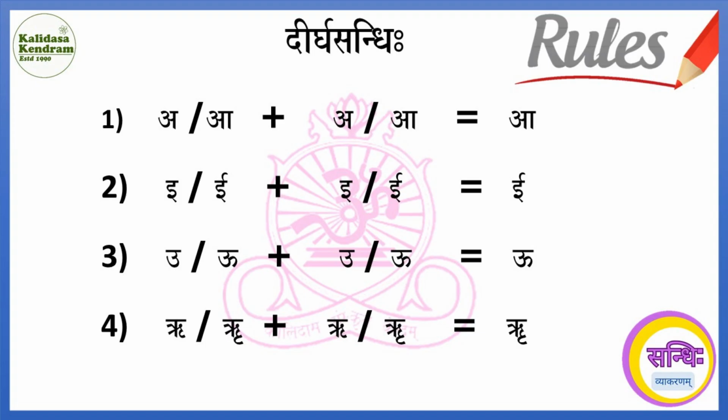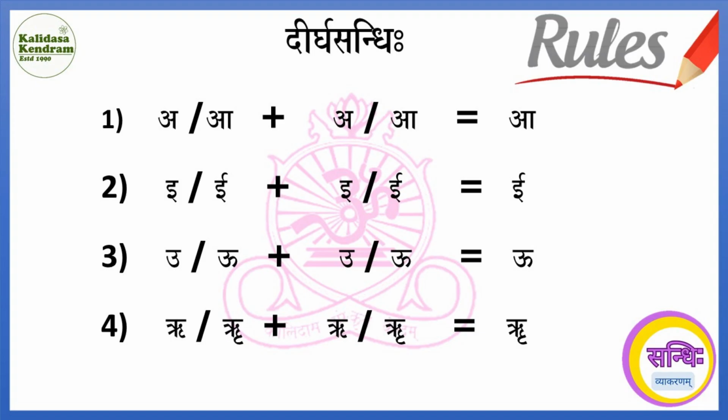The first a or ā is the ending of the first word, and the second a or ā is the beginning of the second word. Remember, these two merge together and become one single alphabet, ā. So what do we understand? The long vowel is formed. Either short vowel or long vowel merge with each other and become one long vowel. That's why this is called long Sandhi, that is Deerga Sandhi.